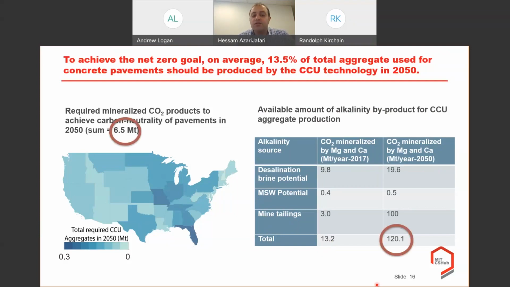And when we compare these two values, we can see that, well, obviously we have a lot of resources available for CCU aggregate production.